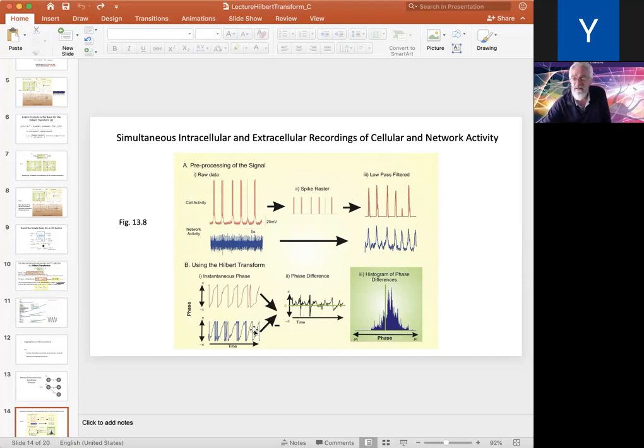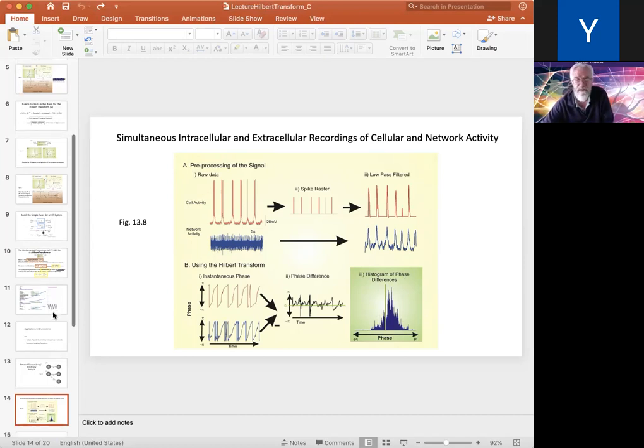You can see that for every combination of network and cell, in the end we got a histogram of phase differences. In this case, we could conclude that this neuron was basically lagging a little bit behind the network on average. And so in that sense, we can use the Hilbert transform to get an idea of the relationship of networks and cells that are embedded in them.